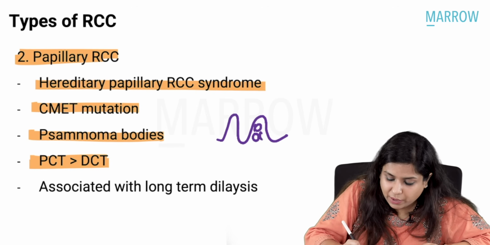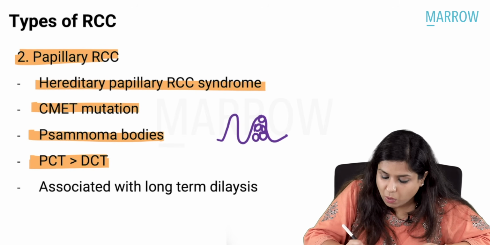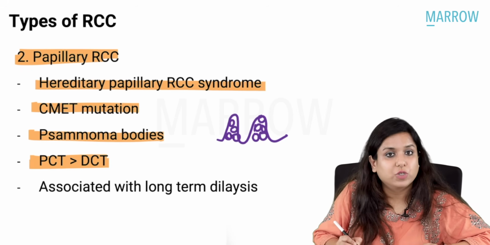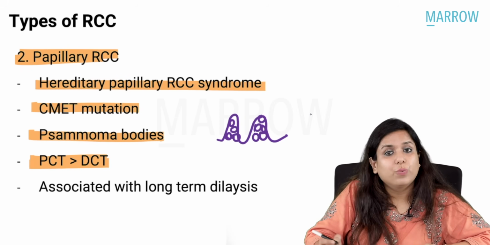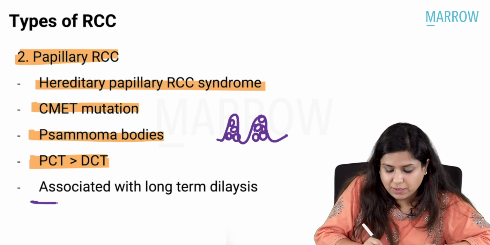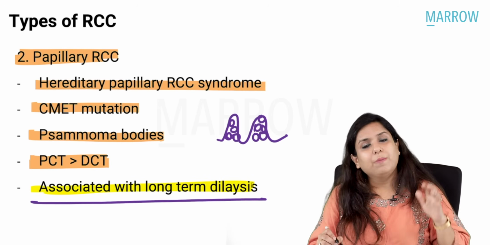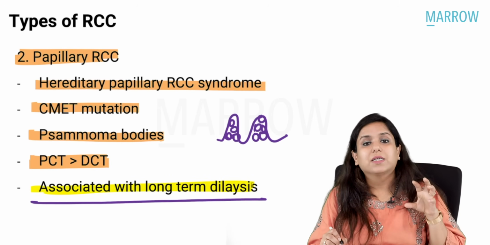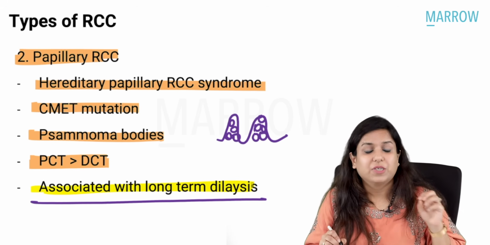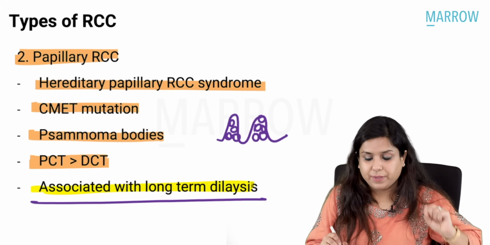The papillae are lined by foamy histiocytes, or foamy macrophages, right? Then also we see psammoma bodies, and this is associated with long-term dialysis. That is another MCQ. Which type of renal cell cancer can arise in a dialysis patient? The answer is papillary, correct?